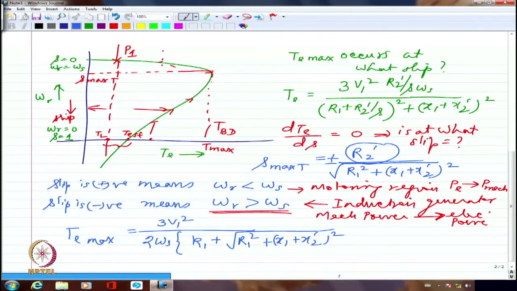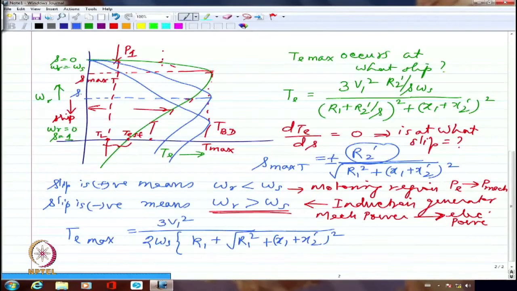S max T will shift towards 1. So I will have probably one more characteristic somewhat like this. One more characteristic somewhat like this. I'm just showing how exactly the characteristic shifts. Please remember, this is what is S max T now.